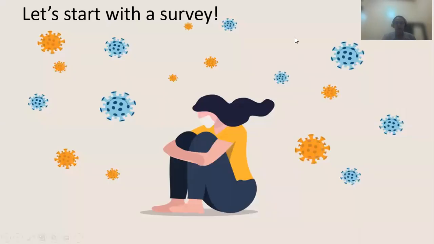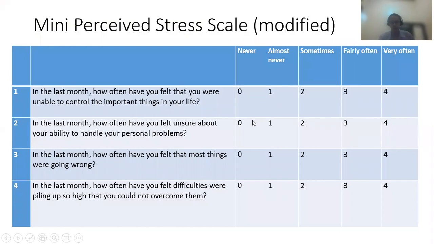Okay, so before we get to our material, let's start with a survey, right? Because after all, when we talk about statistics, we talk about surveys, and when we talk about surveys, you might be involving some kind of questionnaire. So I have prepared a little scale. This is a mini perceived stress scale.